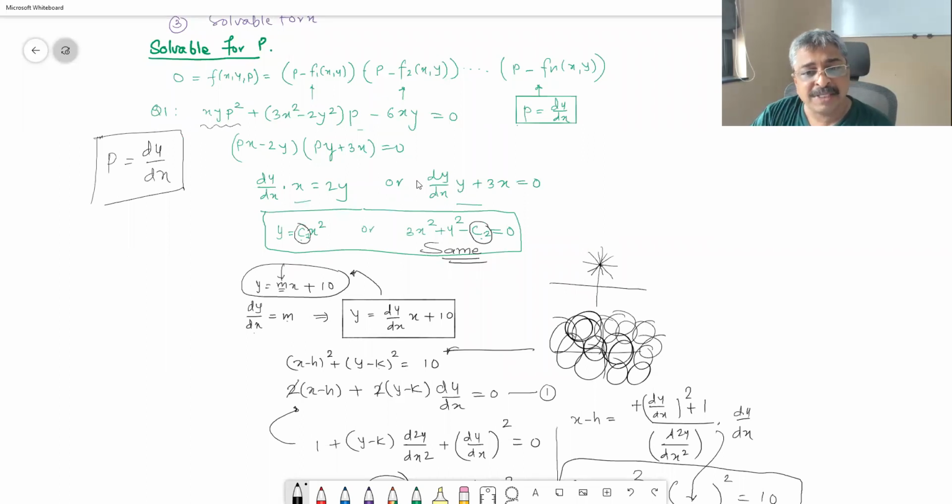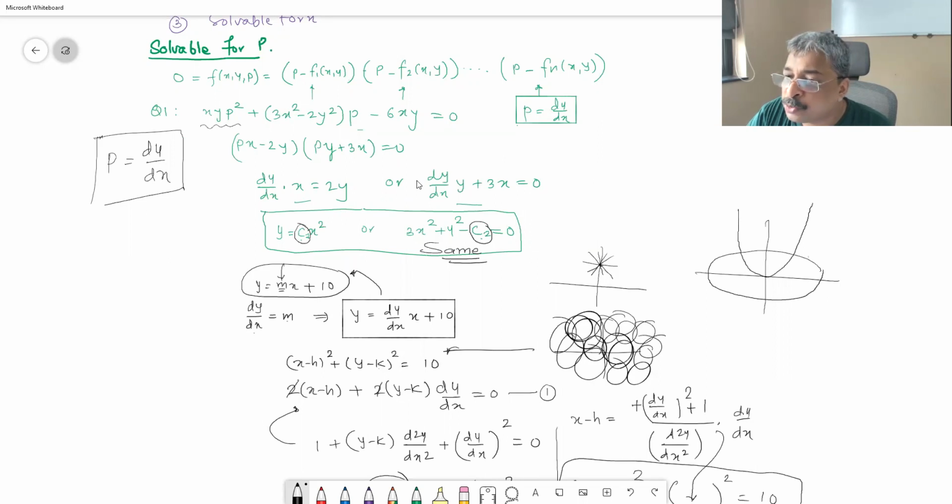Now, as far as integral curves are concerned, we said if c is equal to 1, we end up getting a standard parabola for this equation. And for the other equation with c equal to 1, we end up getting a standard ellipse. I'm not sure whether it is this way or that way, but it is an ellipse. So these are the two curves.